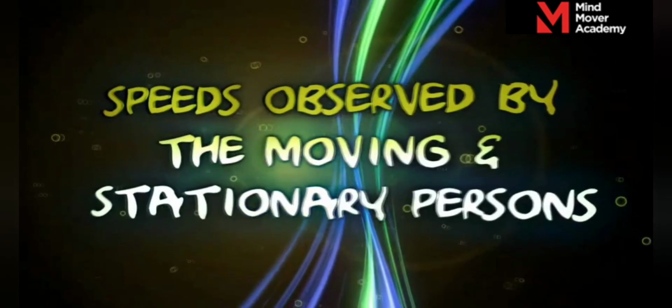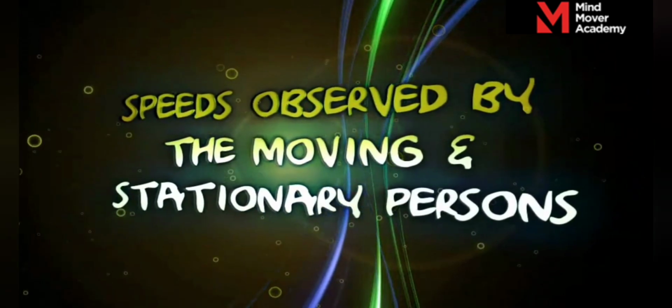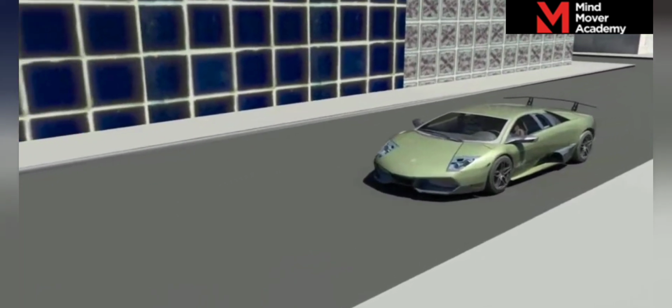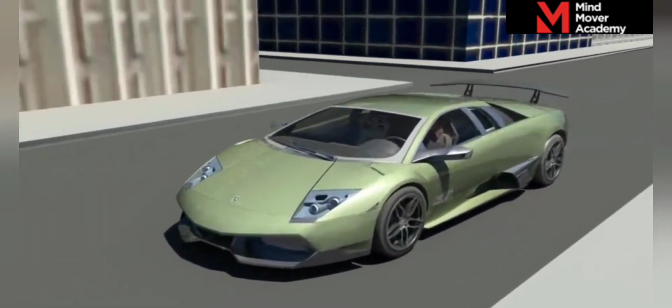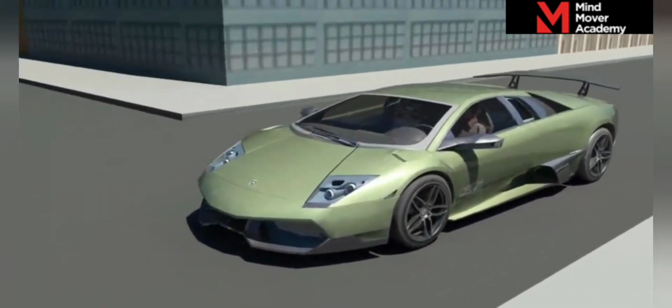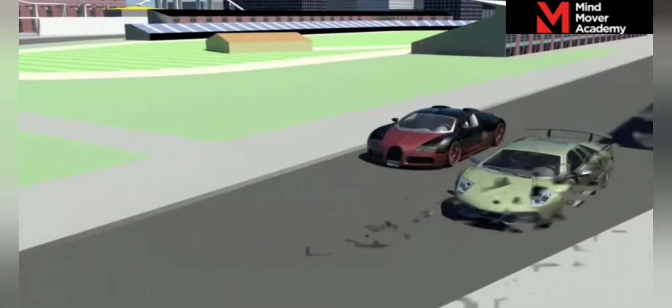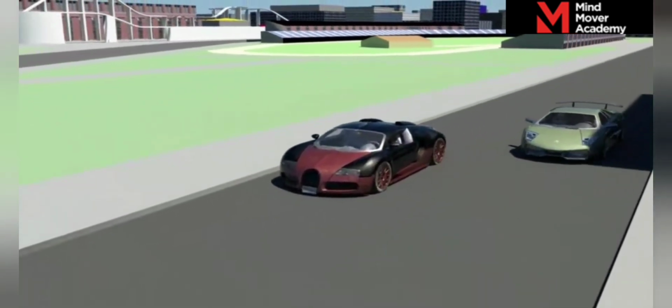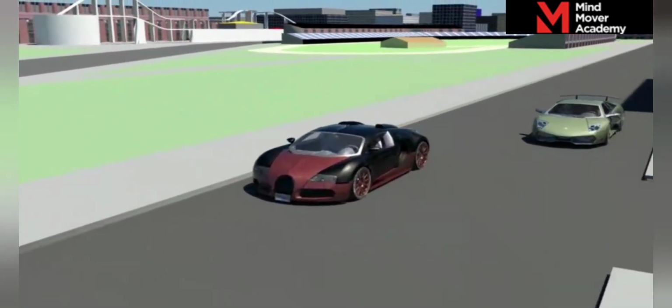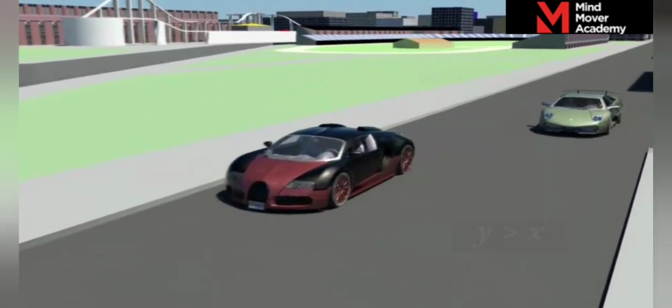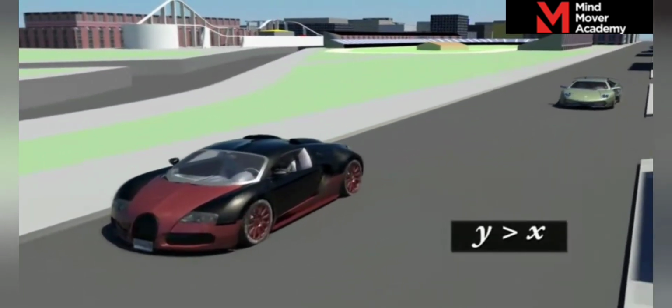Speeds observed by the moving and stationary persons. Now let us go back to the earlier example. Suppose the first car was moving with speed x and the second car was moving with speed y, where y is more than x.